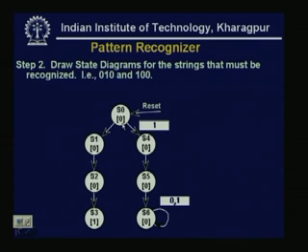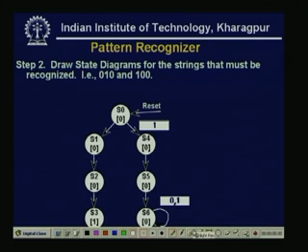We have already seen 0, so this is my 0, this is my 0 1 0, and this is the 1 0 0 state. This can be 0 or 1, so it will go to some graveyard state.